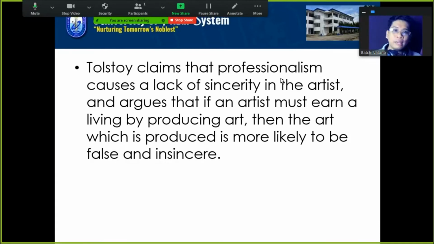that would not affect the sincerity of the artist, because Tolstoy believes that no artist should be dictated, since the root of his philosophy of art is the artist's own expression.